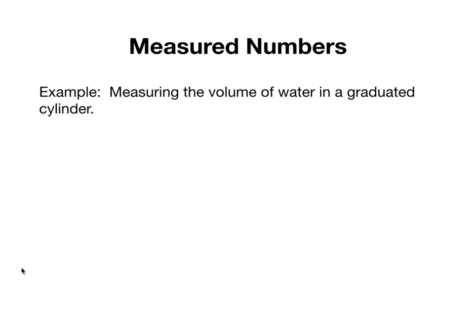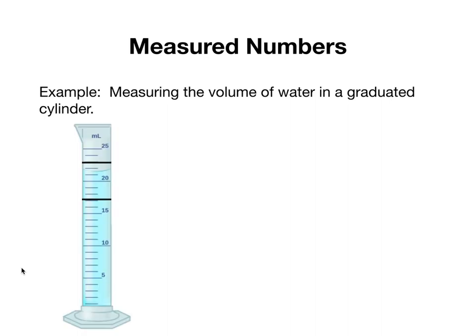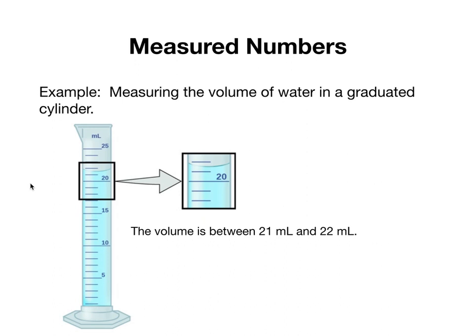Let's talk a little bit about measured numbers. As an example, let's consider measuring the volume of water in a graduated cylinder. This is a figure from your textbook. Imagine that we have a graduated cylinder and there is some water in it. We're going to expand on this section right here.